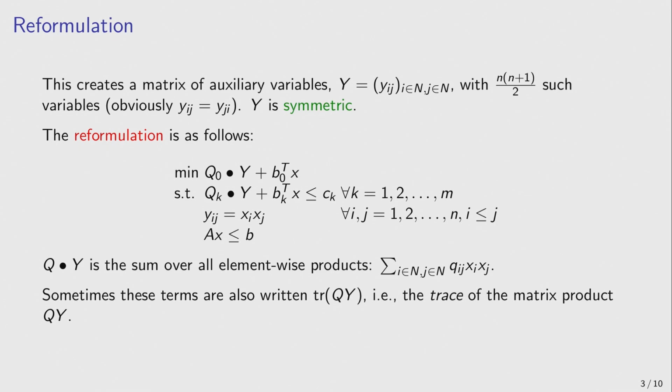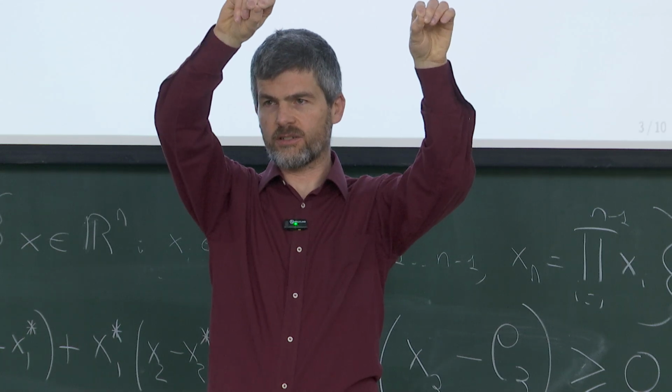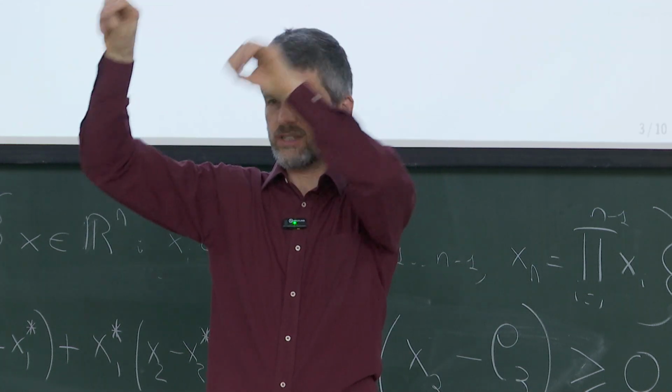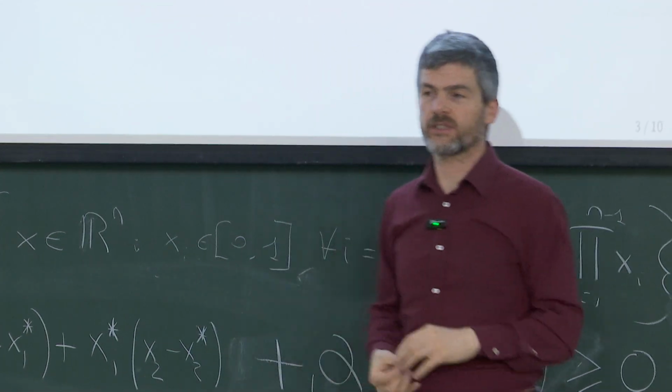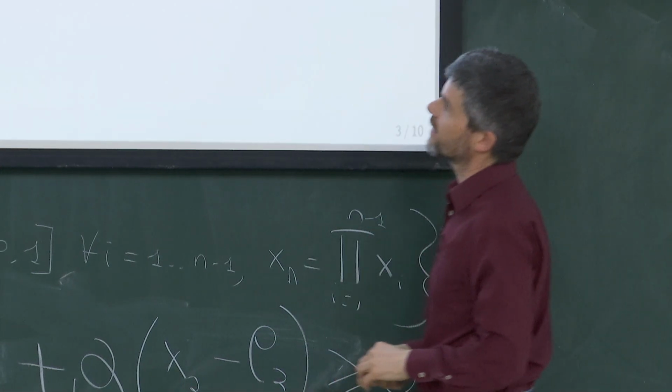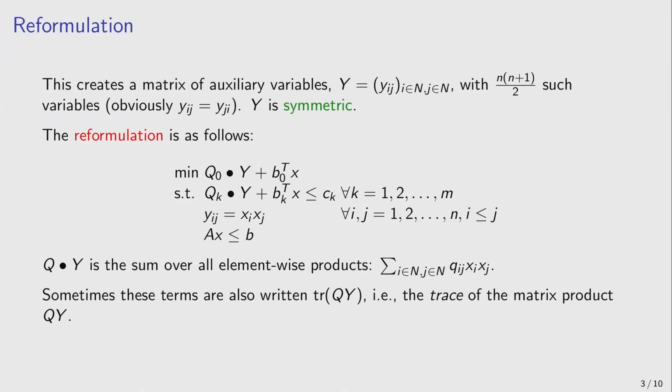If you take the trace of it, because Q and Y are both symmetric, you don't need to transpose them, the trace of this product is exactly the same thing. You take the first row, first column of the first and second matrix, you multiply them together, you do the same with every element, and then you sum everything together. This is the bullet, let's call it the inner product between two matrices.